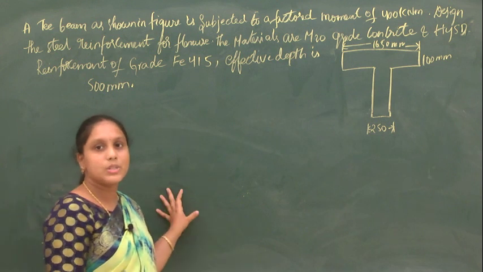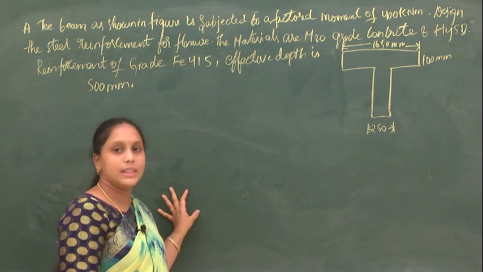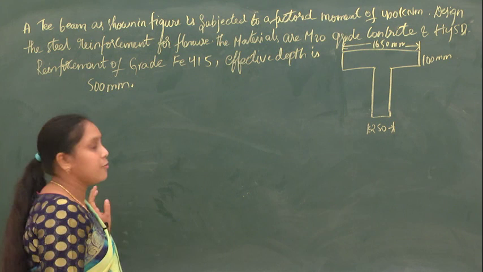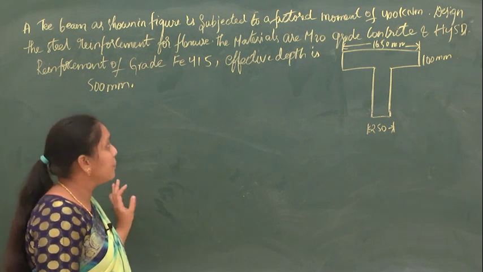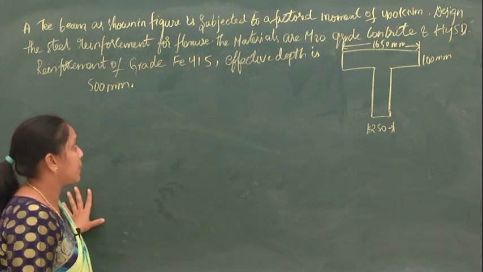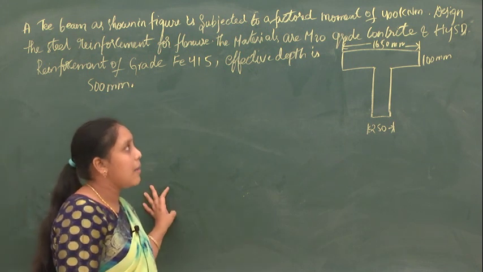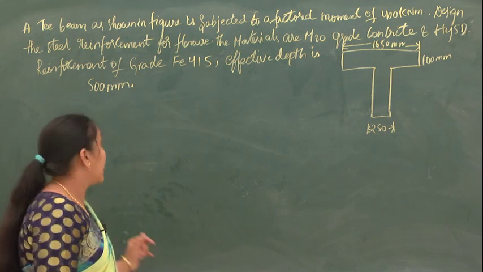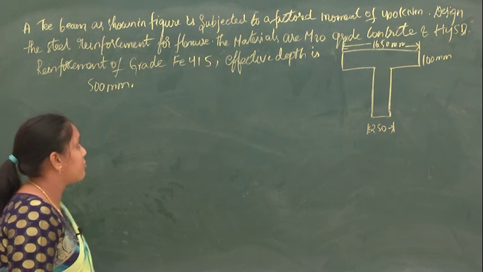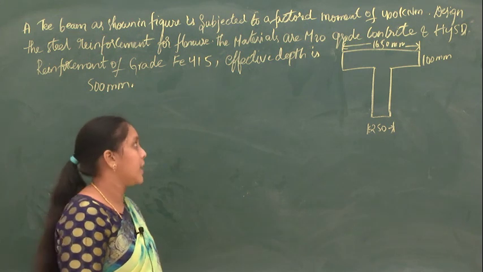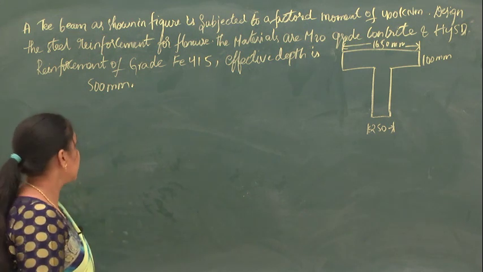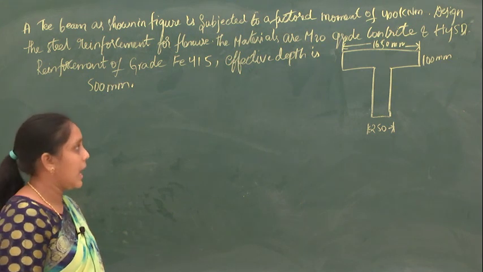So what is asked here is to design the steel reinforcement, that is, the reinforcement to be provided at the bottom. The materials are M20 grade concrete and Fe415 grade reinforcement, and the effective depth is given as 500 mm.